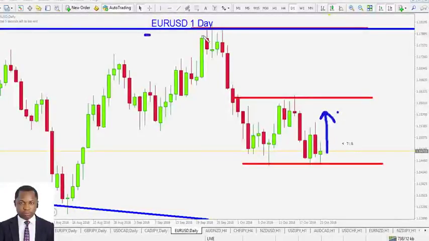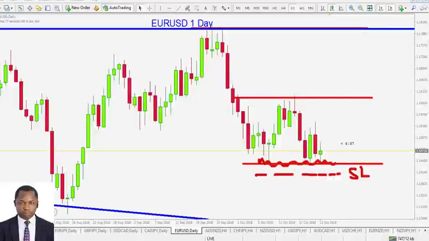So if you're looking to trade the euro against the American dollar, you should be looking for possible buy entries as price is beginning to react off that level of support. For us, it is a low quality bounce signal, so we will not be taking the trade. If you want to take the trade, then your stop loss should be hidden below that level of support. All right, just needed to show you that.